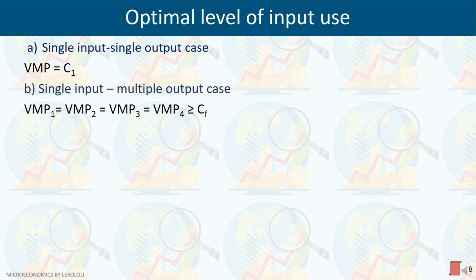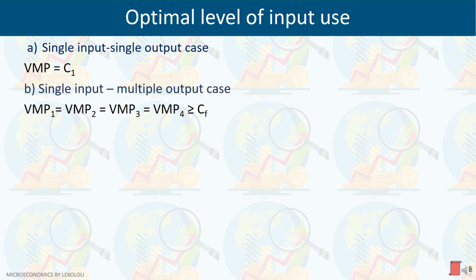Let's start with the simple scenario where you have just one input, let's call it x1, and one output y. The goal here is to maximize profit, and profit is calculated by total revenue minus total cost. Mathematically, we represent it as Py·y minus Px·x, where Py is the price of the output, y is the quantity of output, Px is the cost of input, and x is the quantity of input.